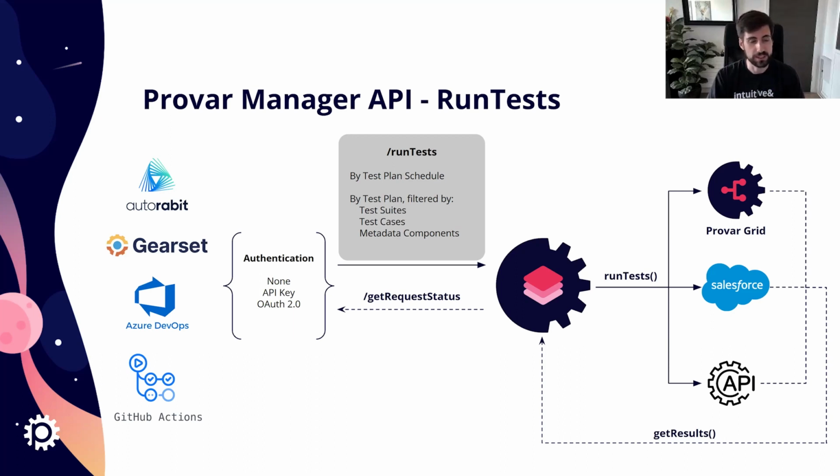But the interesting thing is that depending on the context, you may be in the process of deploying certain changes to a branch. So you're doing a pull request, maybe you're making changes to your Apex code. Here you can say, I want to run the tests just related to my Apex code. So you can run your test plan filtered by, in this case, metadata components.